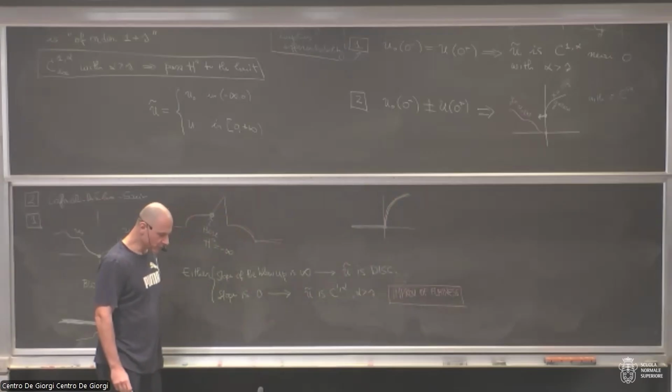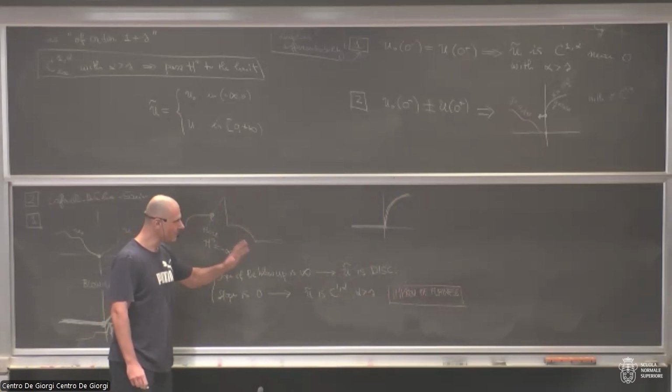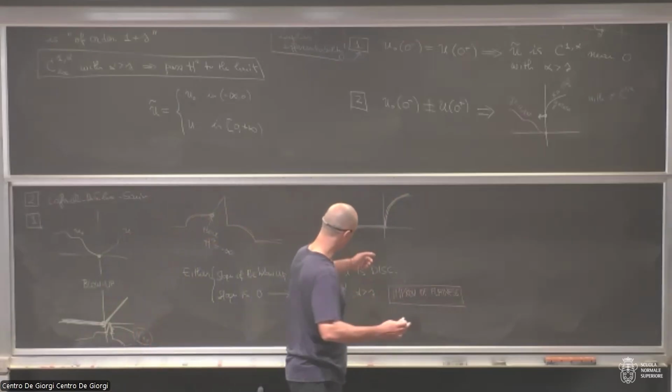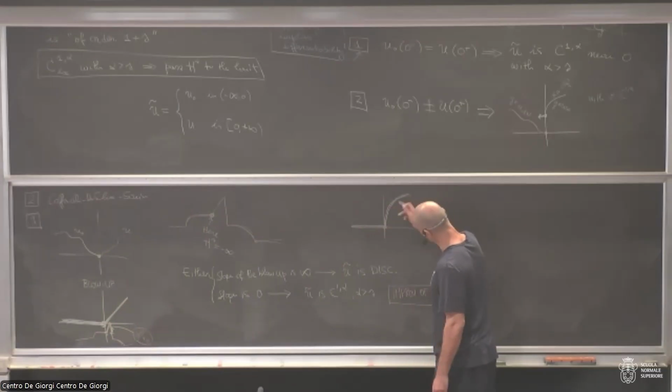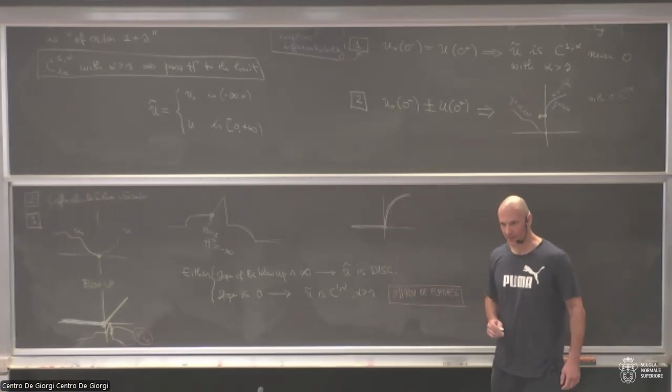And this you have to rule out by hand. So you say, well, if the slope of the blow up is infinite, you actually have a picture like this with the original set very close to the vertical line.